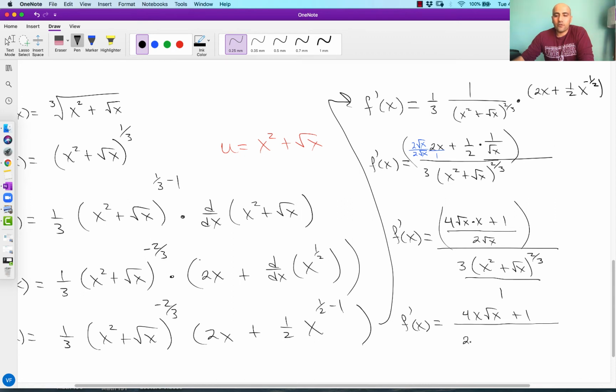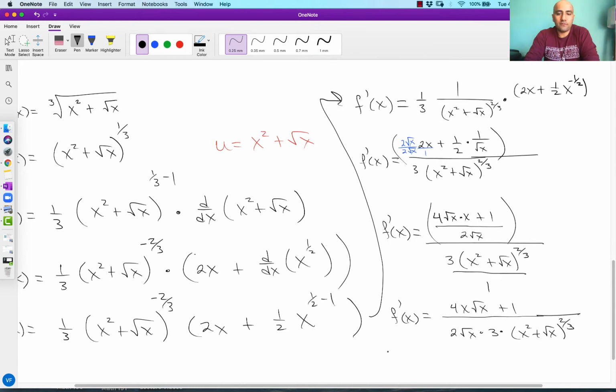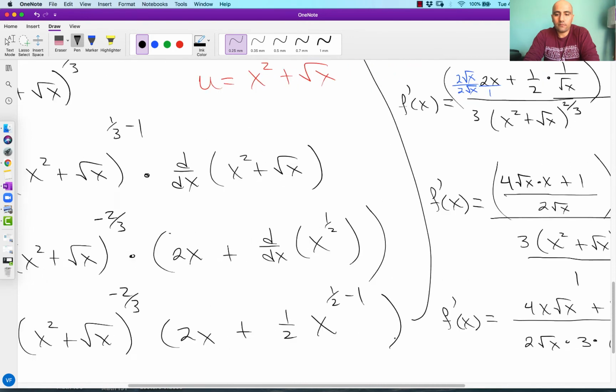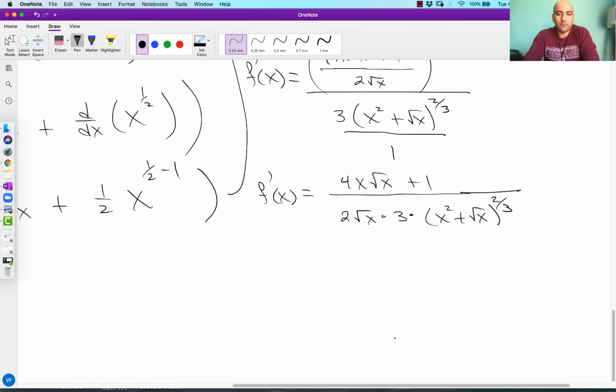It would be 2 root x times 3 times (x squared plus root x) to the power of 2/3. Remember, it's the numerator times the reciprocal of the denominator. That's how we get this. And now one final simplification. We can combine these two.